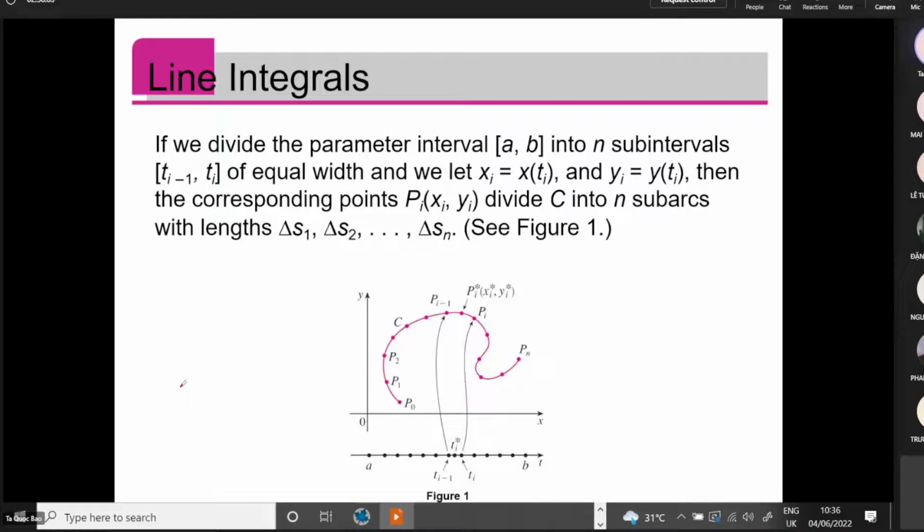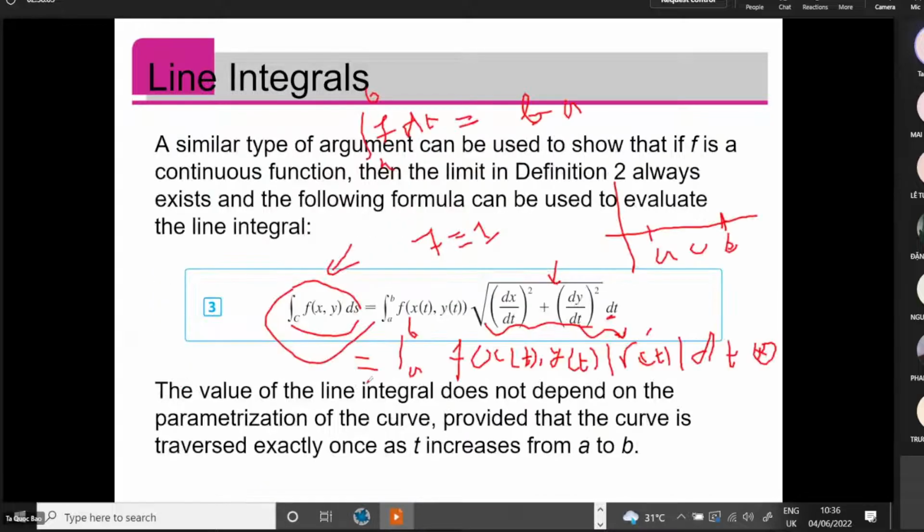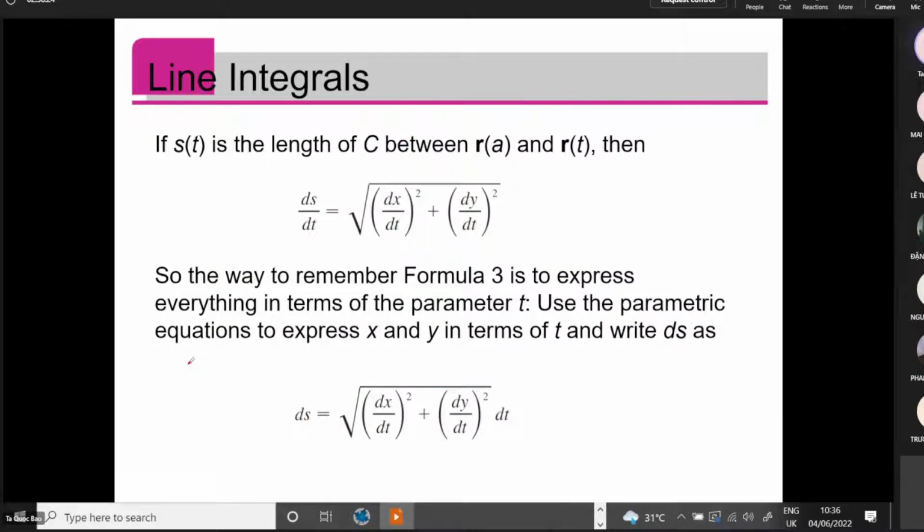And the last step, you apply this formula, then you can find the integration of f on the curve C. Okay. All right, so that's it.